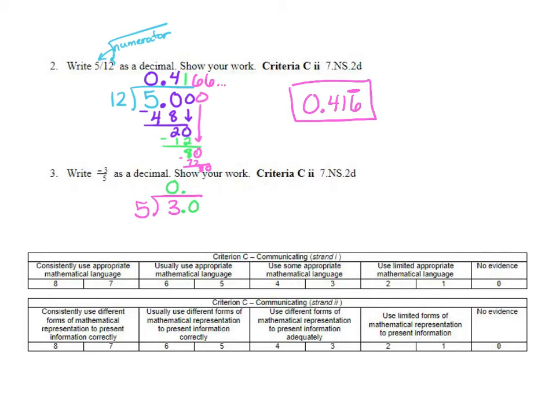Well, 5 times 6 is 30. So then I would write 30 down below, subtract, and I get 0. And then I'm done. So I just need to put 0.6, but remember it was a negative, so it should be a negative 0.6. Let's go on to the next problem.